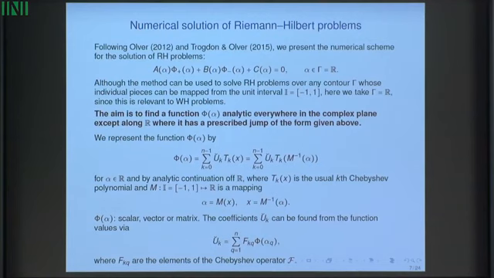Then we can substitute this expression back here, and write this expansion for phi as a sum of Chebyshev polynomials with respect to the alpha variable. Phi could be scalar, vector, or matrix, and obviously the coefficients will be of the same form. Applying this Chebyshev operator, following Trogdon and Olver, we can compute these coefficients using this relation here.